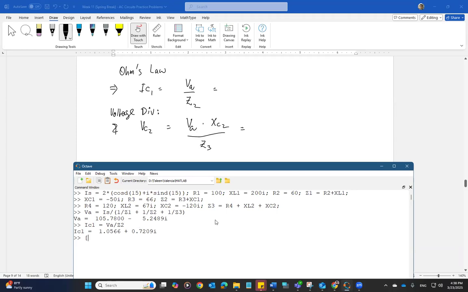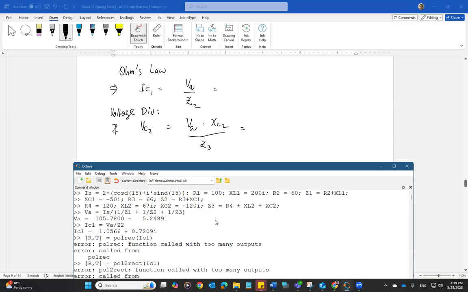Let's see, I think I do have the function pole rect. Nope, I don't have that function. Let me try pole to rect.